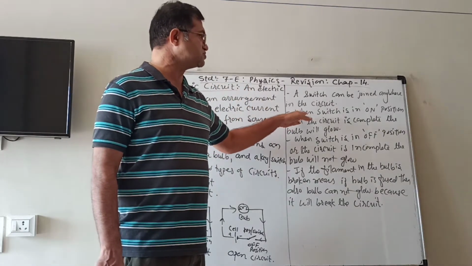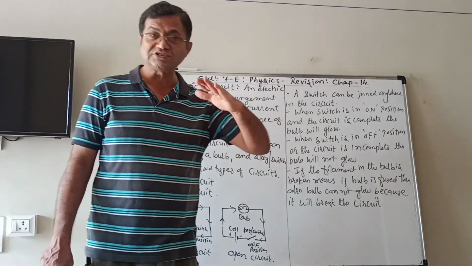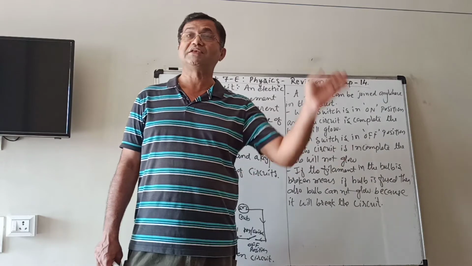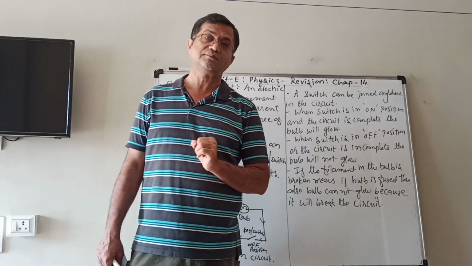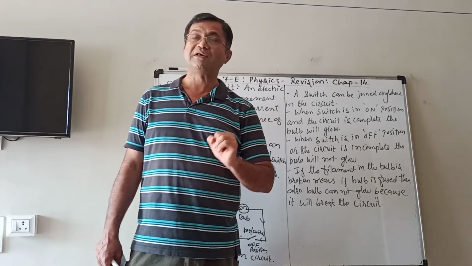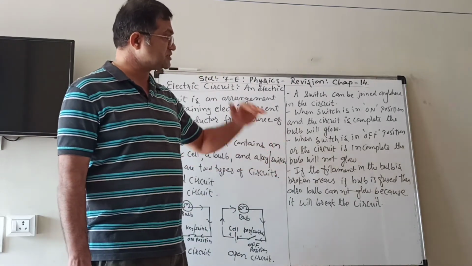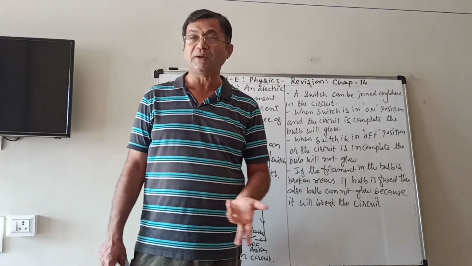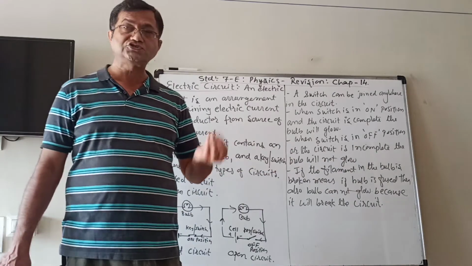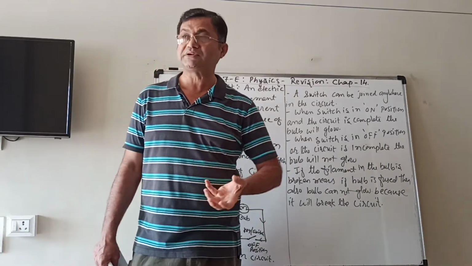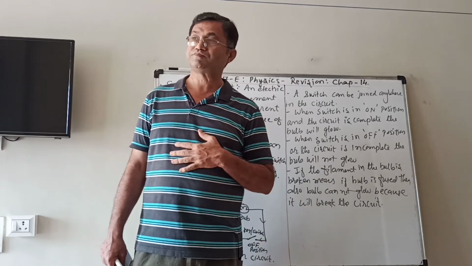Here we can say that it is called a closed circuit, because the switch is also in on position. There is no gap anywhere, completely joined there. So the bulb will glow in this position. And if the switch is in off position, then the circuit is open. Or somewhere there is a gap also, meaning an incomplete circuit, then also the bulb will not glow.